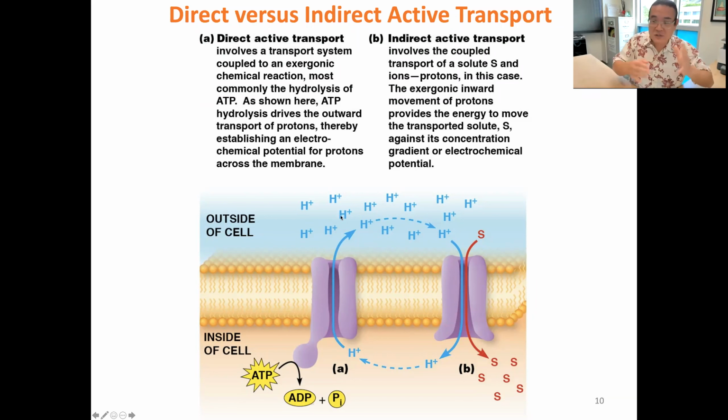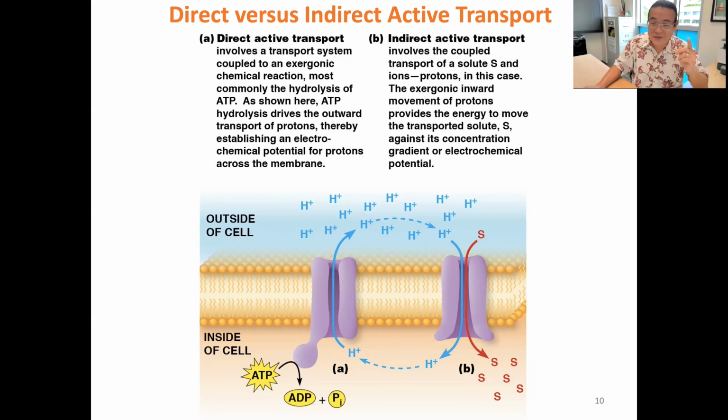And if it keeps doing this, these direct transport proteins maintain or build up this artificial concentration gradient of high protons on one side of the cell membrane compared to low protons on the inside. All right, so that's direct active transport, and hopefully that doesn't seem very confusing.